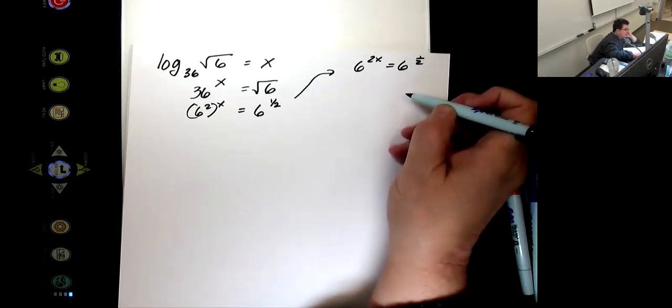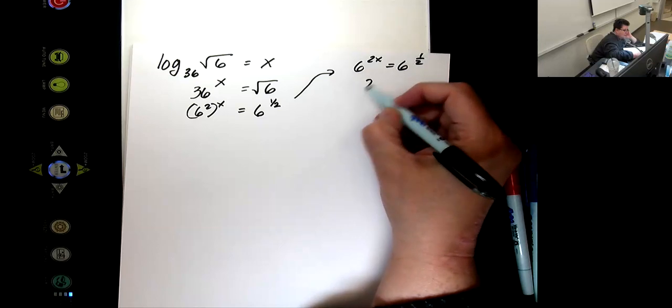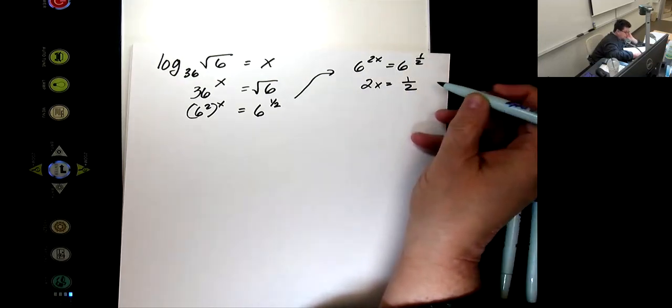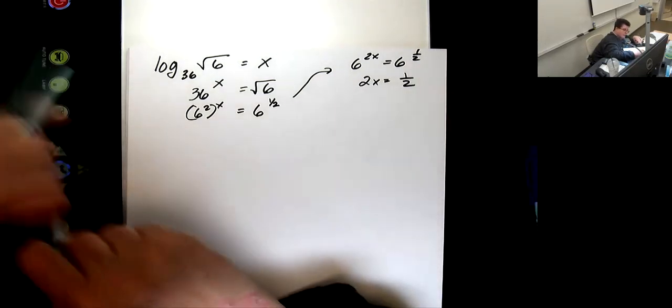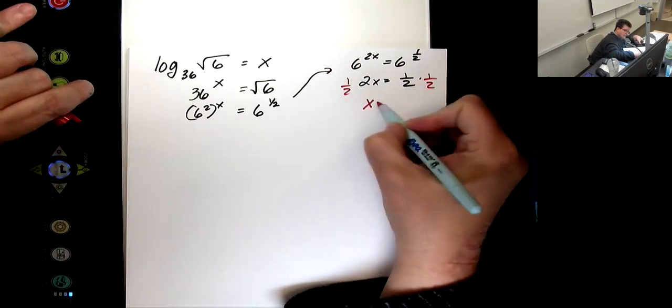Our bases are equal now, so our exponents will be equal. And I'll multiply both sides by 1/2. And I get x equals 1/4.